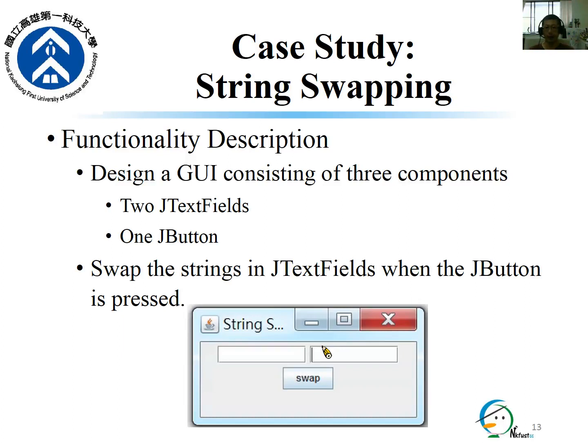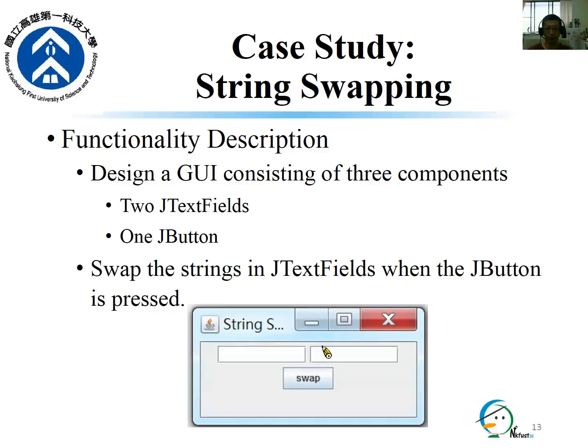For the case study called string swapping, we design a GUI consisting of 2 J text fields and 1 J button. The functionality provided by this GUI is to swap the strings in the J text fields when the J button is pressed, as the video shows you here.